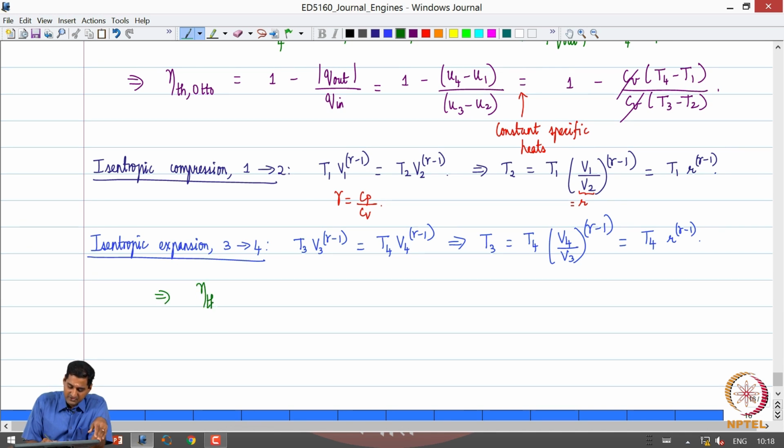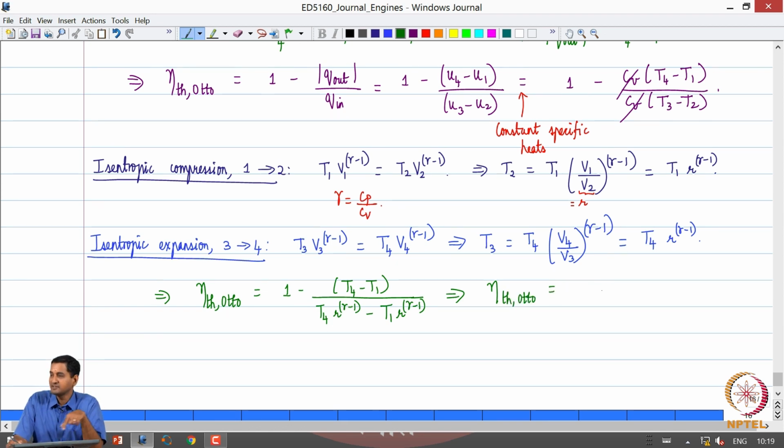Substituting these, we immediately get the thermal efficiency of the air standard Otto cycle to be 1 minus (T4 minus T1) divided by, for T3, I substitute T4 R^(gamma minus 1), and for T2 let us substitute T1 R^(gamma minus 1). If you simplify this, R^(gamma minus 1) is common in the denominator.